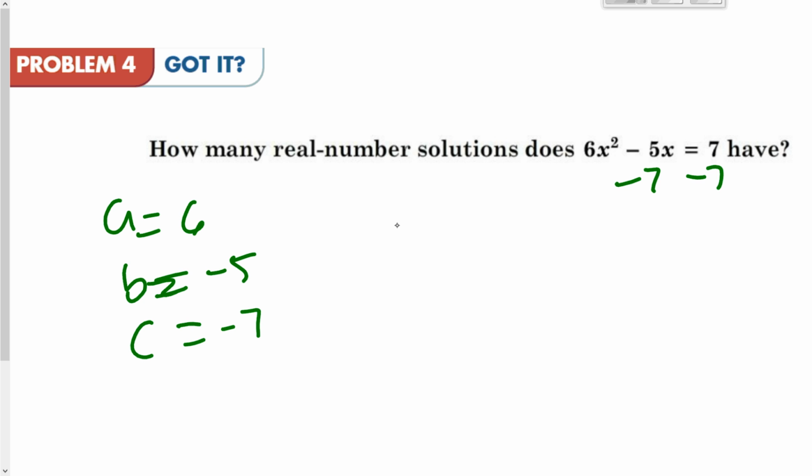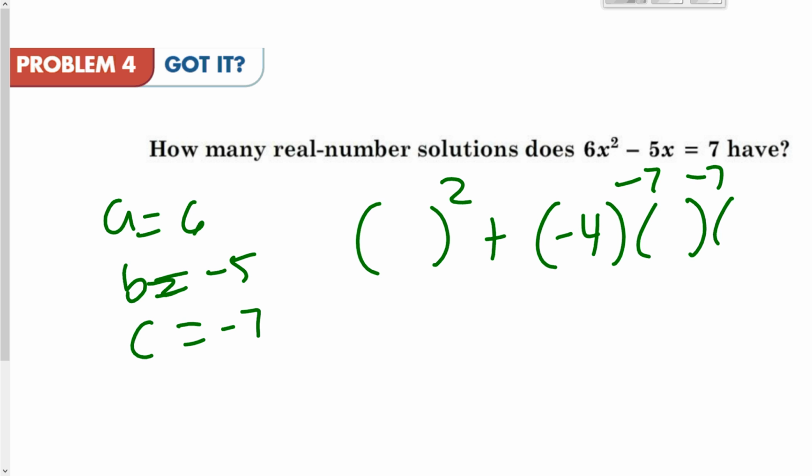So then I do my b squared, and adding my -4 times my a times my c. So my b, I said, is -5, my a is 6, and my c is -7. Notice I have 2 negatives there. That's going to make a positive. So I have 4 times 6 times 7, really.